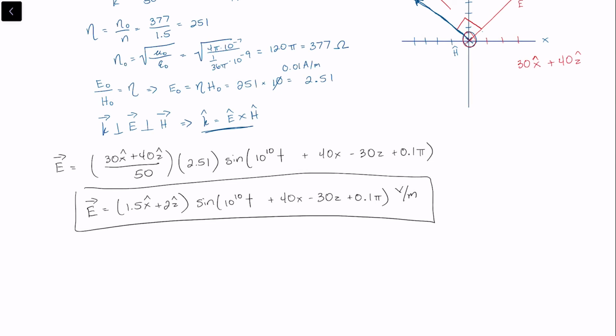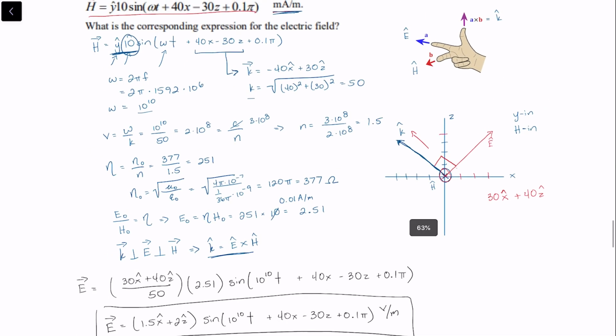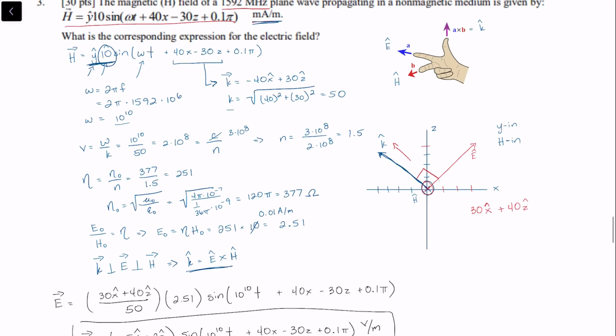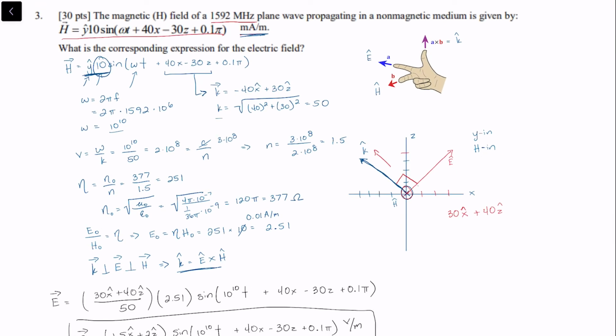And that is our equation for the electric field. So, to reiterate, knowing that the electric field and the magnetic field are in phase, in that they share the same phase information, it was very easy to find the electric field equation using the magnetic field equation.